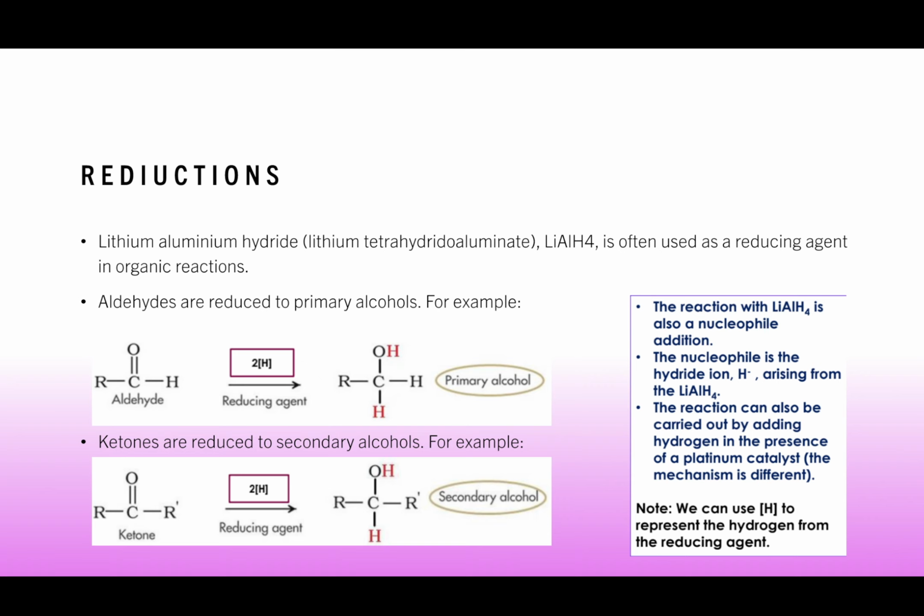It acts by adding the hydrogen to the compound, breaking the double bond, and adding the hydrogen where it can go in order to stabilize the carbocation that would be produced. So it's a nucleophilic addition in a sense, but we don't look at the mechanism. We just know that this can do that, and what the products are. That's all we need to know for the reductions here.